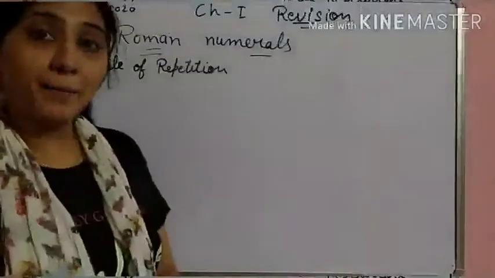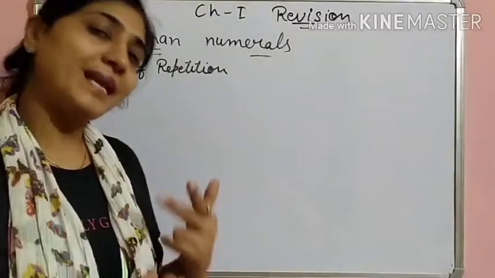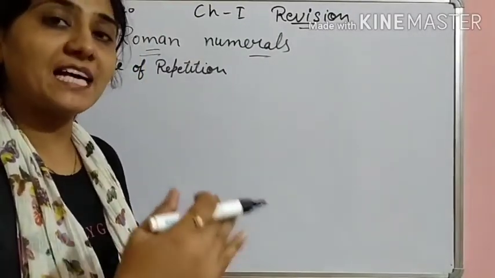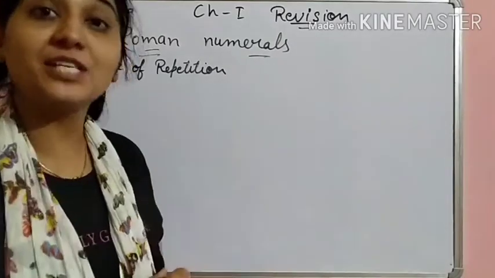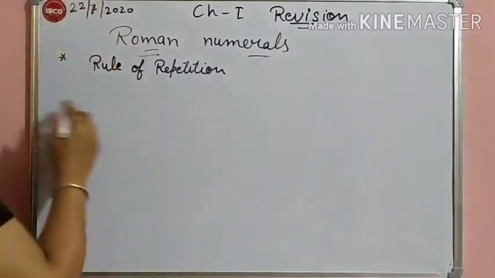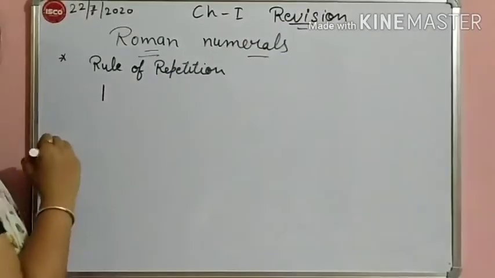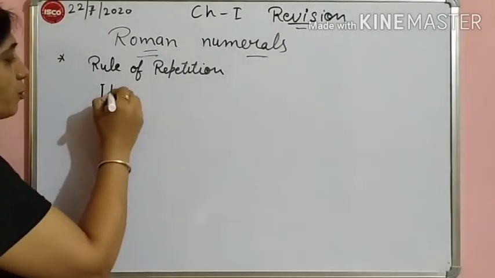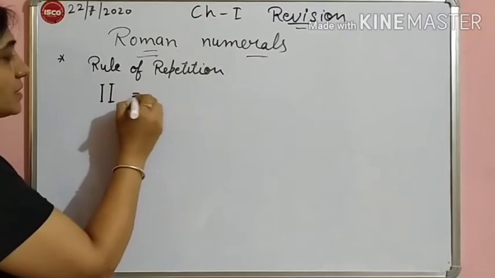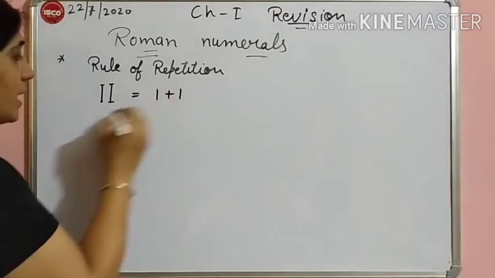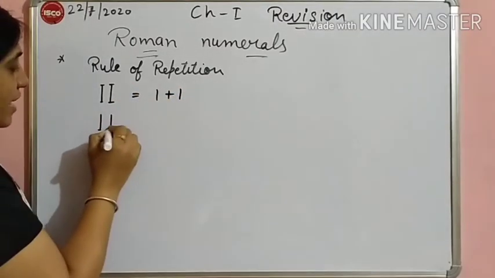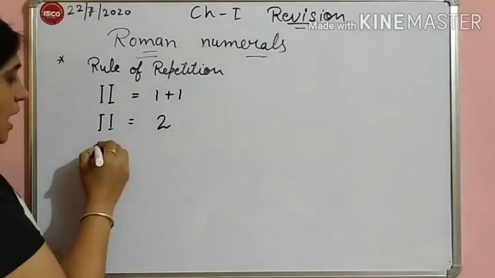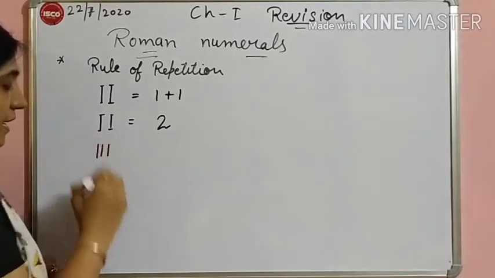Rule of repetition. It means when a symbol is repeated, its value is added as many times as it is repeated. Suppose, as you know, I means 1. If I repeat it 2 times, it means 1 plus 1. So the value of double I is 2.